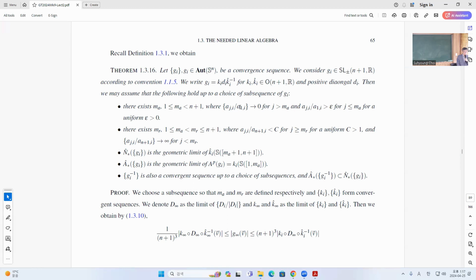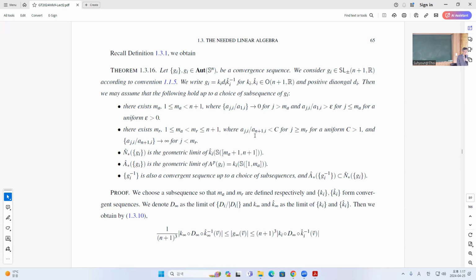This is strictly decreasing. So above m_A everything goes to 0, but below m_A the ratio is bounded. And then also there's m_R, where the ratio of j to j plus 1 is bounded, and then above that it always goes to infinity.